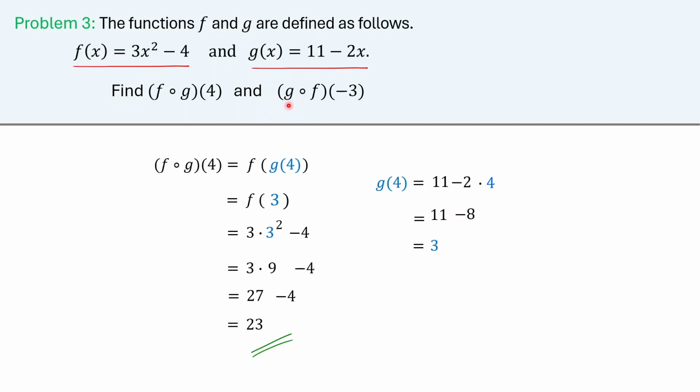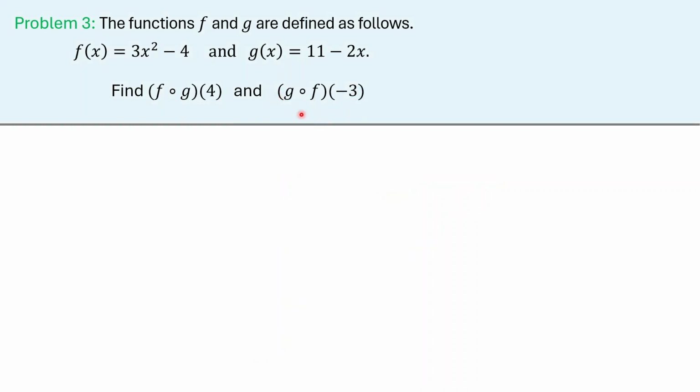Next we will find this one. This is equal to, write the first function. Inside put f of negative 3. Next find f of negative 3. To find f of negative 3, in the function f, substitute negative 3 for x.